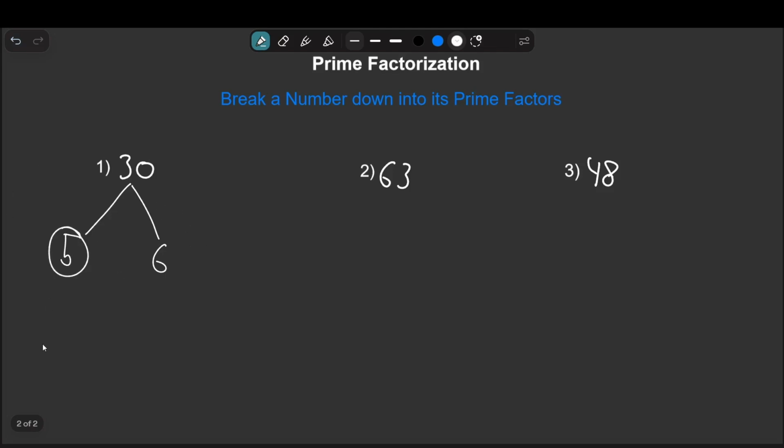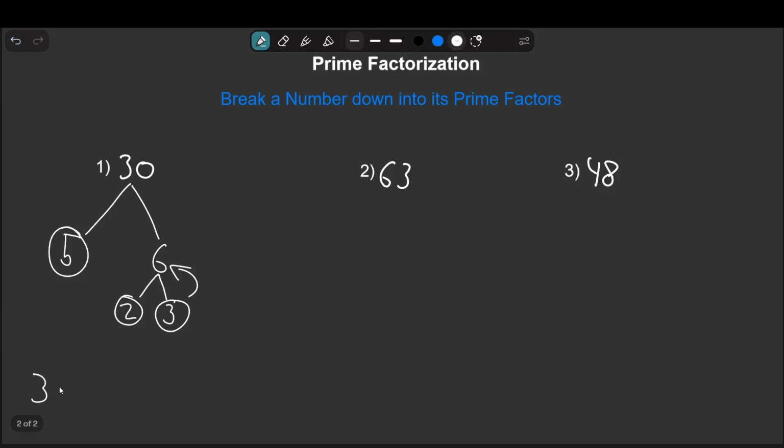But the 5 is already prime, so we're done with the 5. We're going to break down the 6 once more. We can do 2 and 3, because 2 times 3 equals 6. Now the 2 and the 3 are already prime numbers, so we are again done.